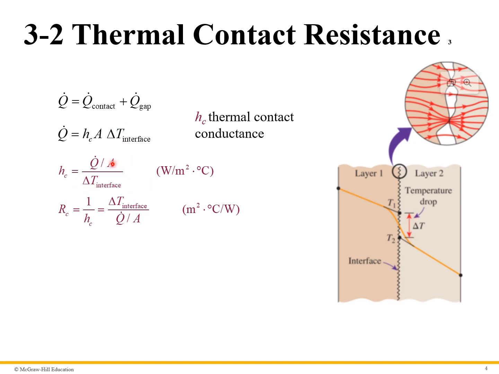That is the delta T across the interface. So again, what we've effectively done is replace this interface layer by another resistance value, because we can define the resistance of the contact point as 1 over h_c, similarly to what we've done in the previous slides.